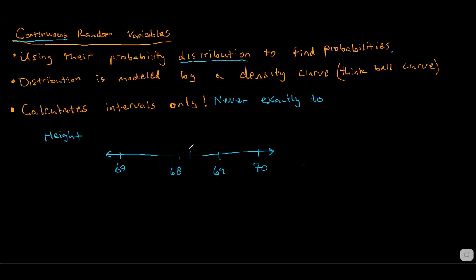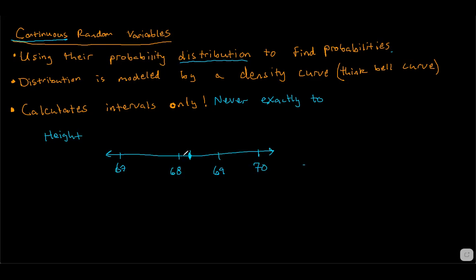Typically, if that happens, you're probably just going to round down to 68, and that's how it gets reported. If I got a more accurate device to measure with, I might find that he is 68.367 inches tall. And somebody else could make that measurement and get something slightly different. So we'll never know the exact height of the student. Maybe he falls somewhere in this range, but he can always fall between two other values, which makes it continuous.